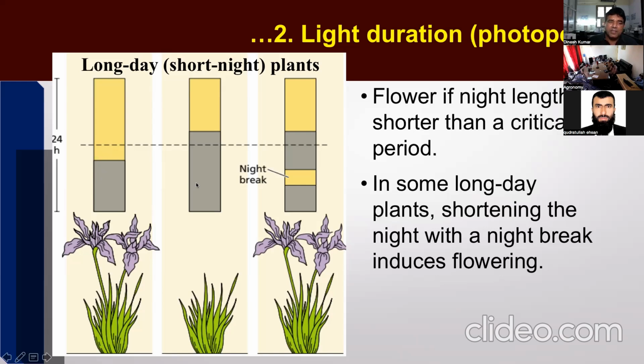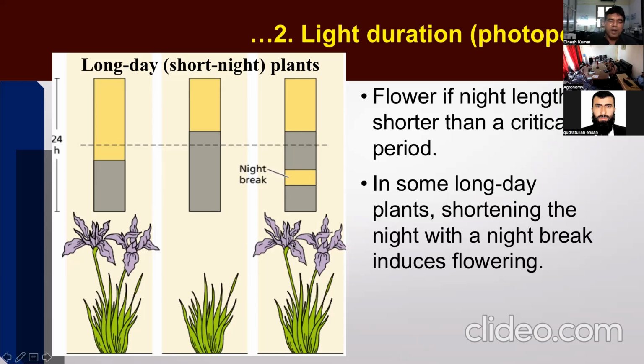In the second case, if the darkness period was short, it flowered. But if you increase the darkness period, then it did not flower. But if you have a darkness period equal to or more than the critical period, but you have a flash of light during the night time, then it also flowers.